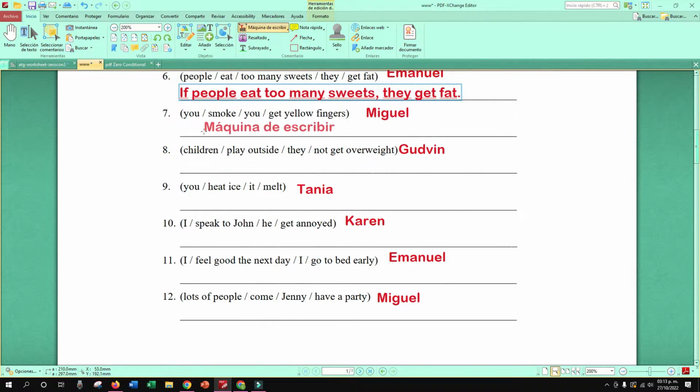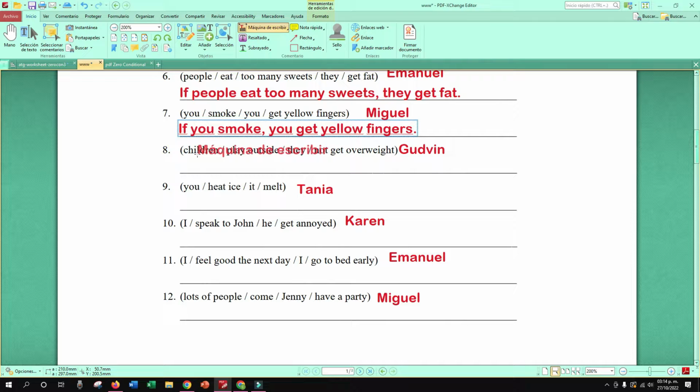What about this one, Mr. Miguel, again? This is easy. If you smoke, comma, you get yellow fingers. Excellent. Very, very good, Mr. Miguel.